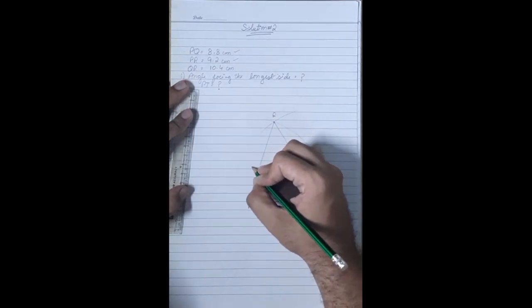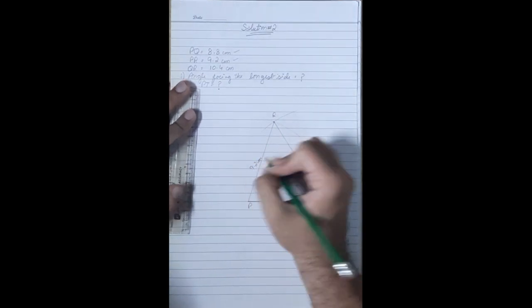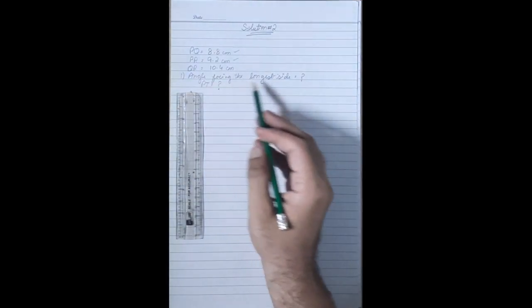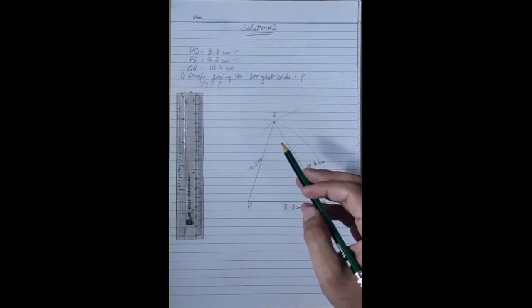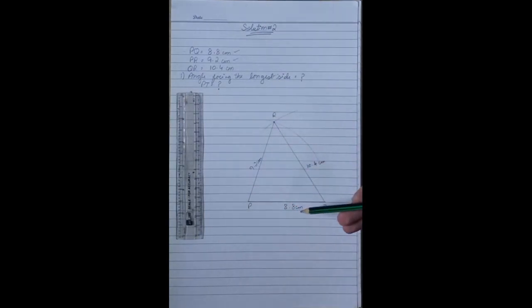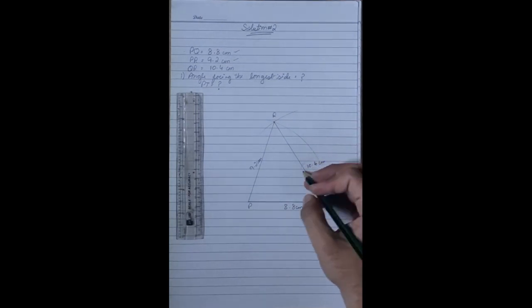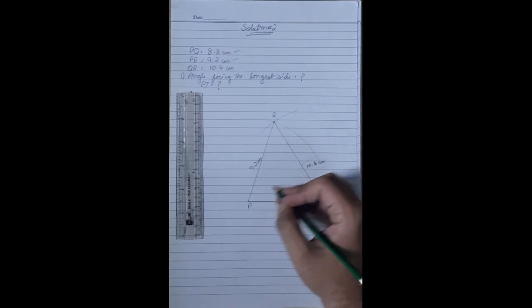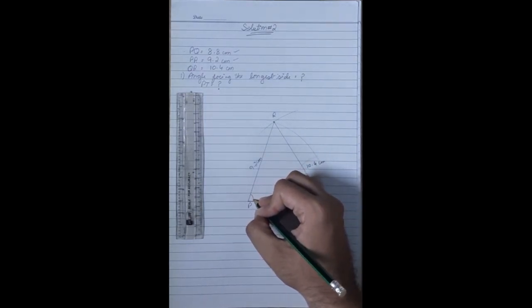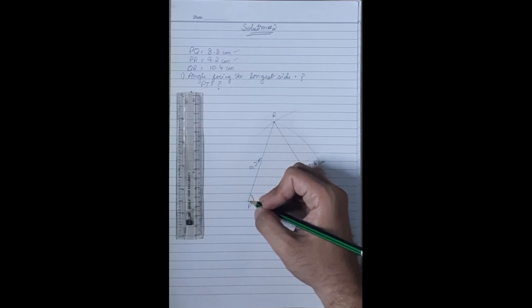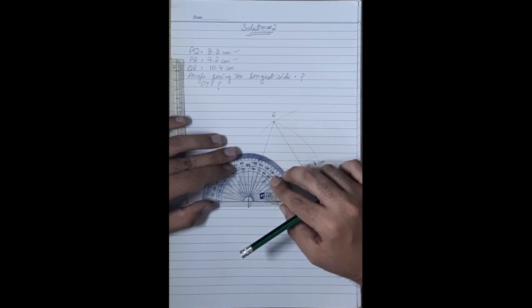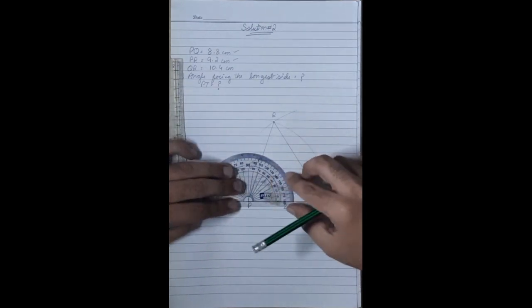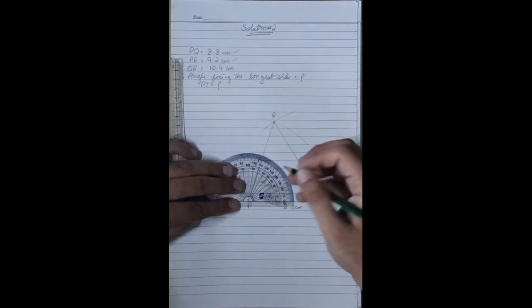9.2 centimeters. So I need to calculate the angle facing the longest side. So which is the longest side amongst them? That is 9.2, 8.8 and 10.4. So 10.4 is the largest side, and the angle facing 10.4 is angle P. So I need to measure angle P. I'll place my protractor here and measure it.